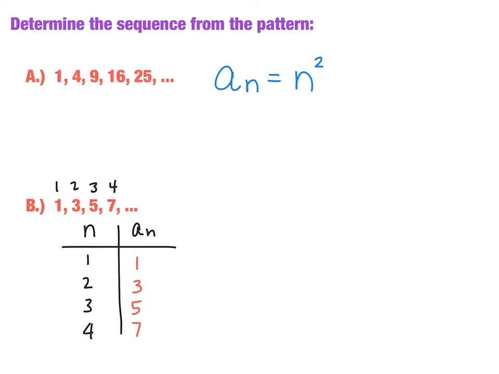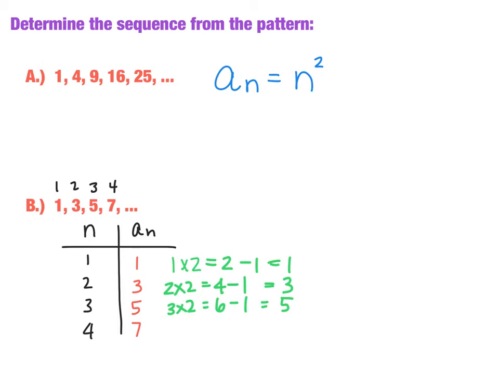I'm going to take what I first thought about adding 2 each time and think, all right, if I added 2 to 1, obviously that's not going to work. But what if I multiplied it by 2 and then subtracted 1? That gives me 1. Let's try it here. 2 times 2 equals 4, subtract 1 is 3. 3 times 2 equals 6, subtract 1 equals 5.